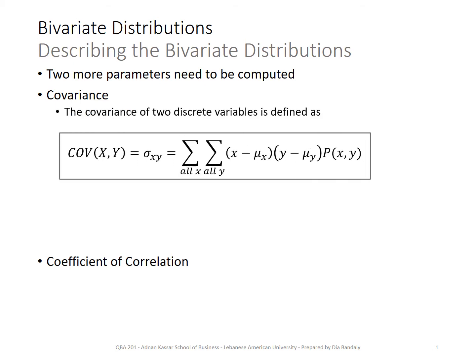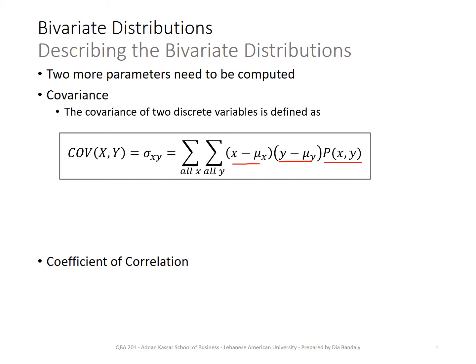Here we go. We can use either this equation, where for every pair x and y we multiply the difference between the value of x and its mean, and the difference between the value of y and its mean, by the probability of this specific pair of x and y.